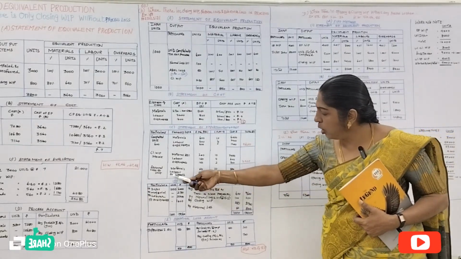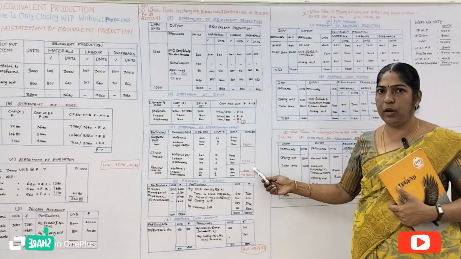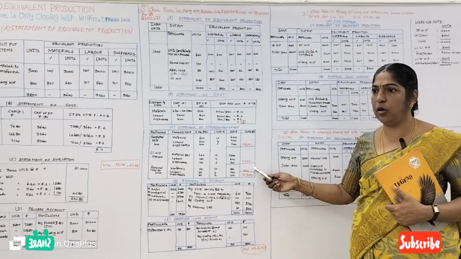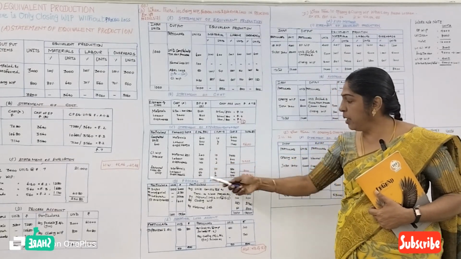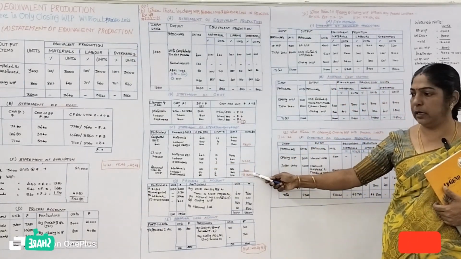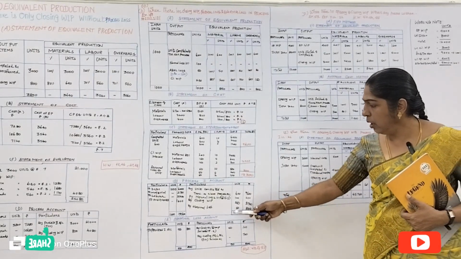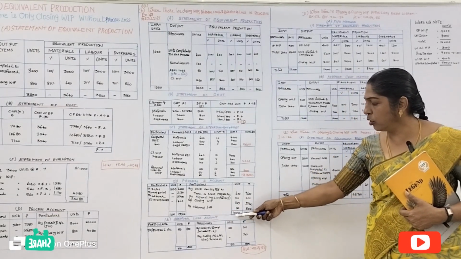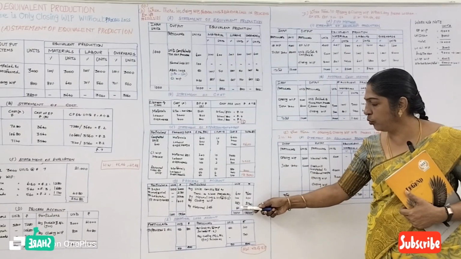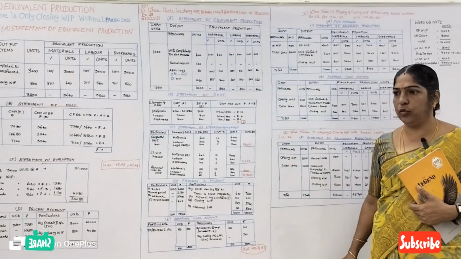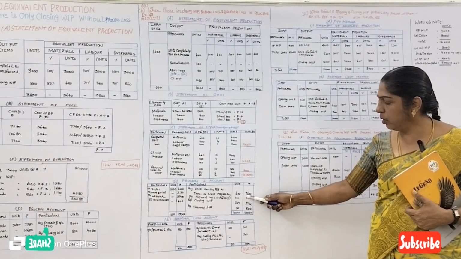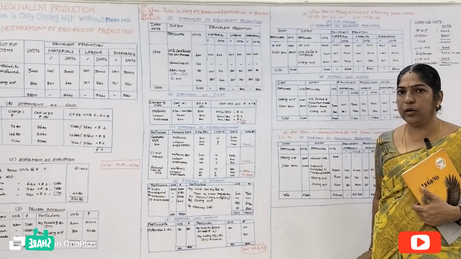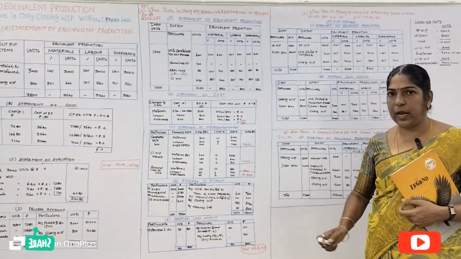The value of the abnormal loss is 800 rupees. The total value of the abnormal loss for 3 elements is 800 rupees, so it will be entered into the abnormal loss in rupees column. After adding the unit column, we have 600 plus 100 plus 250 plus 50, 1,000 units, and in the rupees column 9,600, 200 plus 2,900 plus 800, you will get 13,500 rupees.